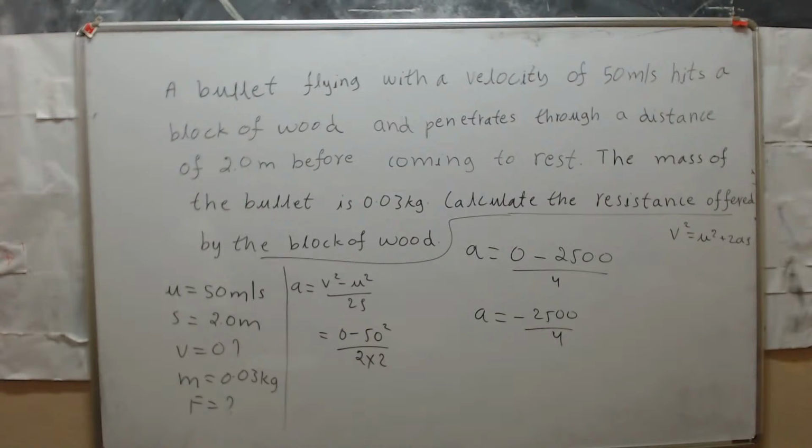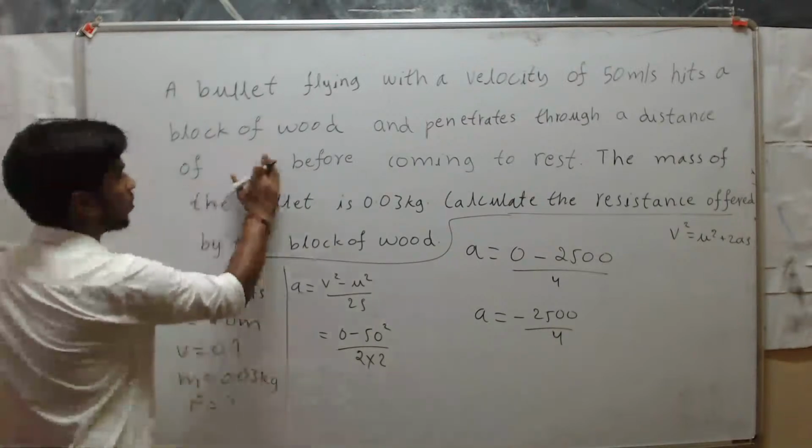2500 divided by 4. Sorry, here the distance is not 2 meter. Okay, extremely sorry, the distance is 0.2 meter.